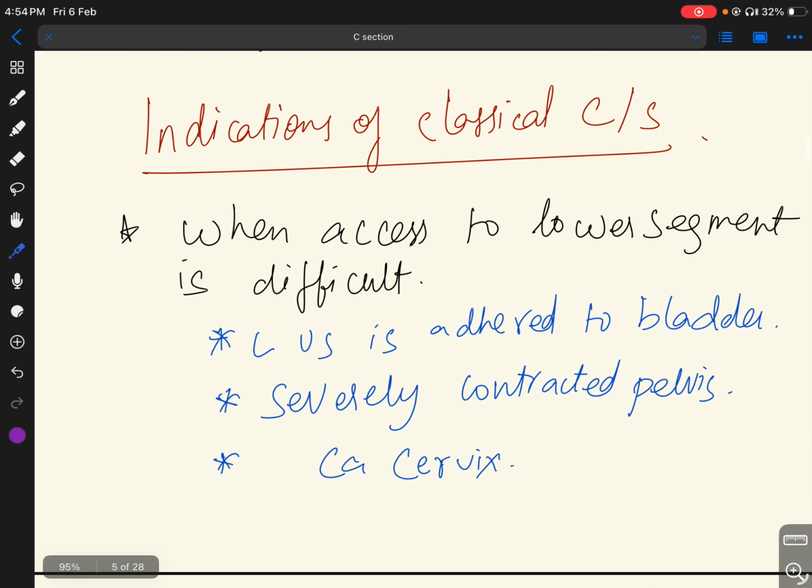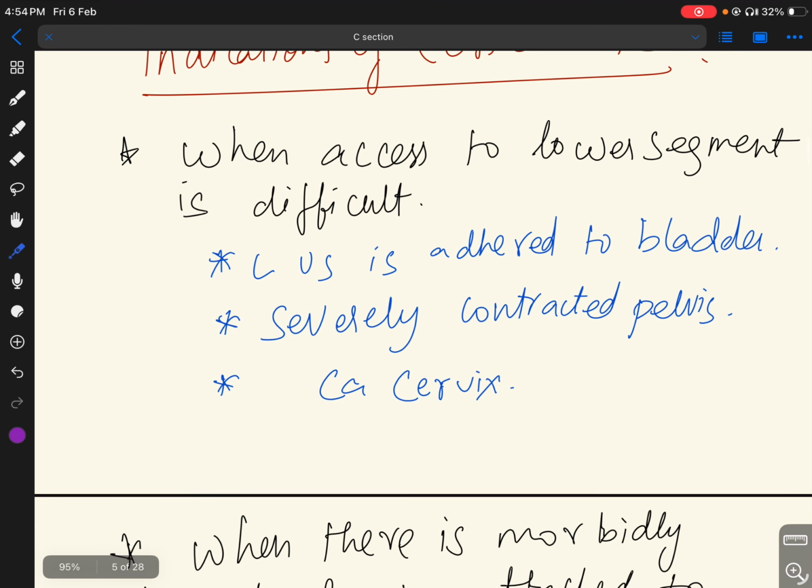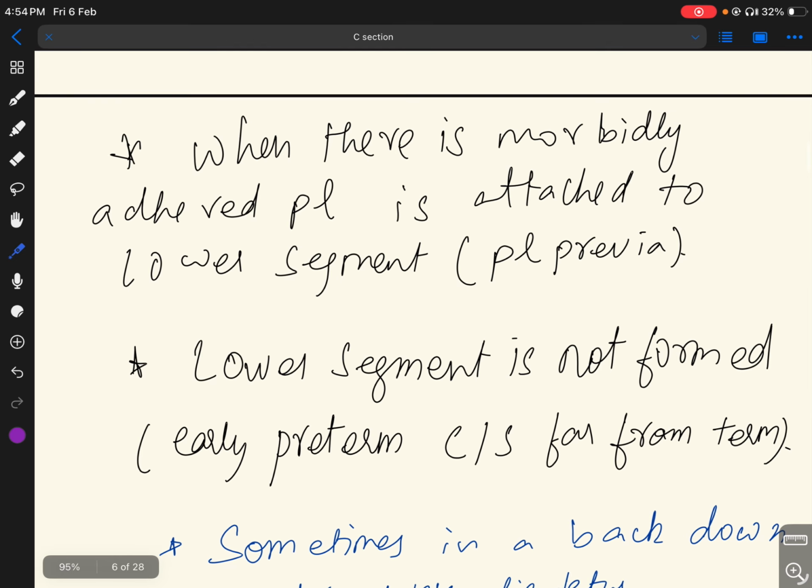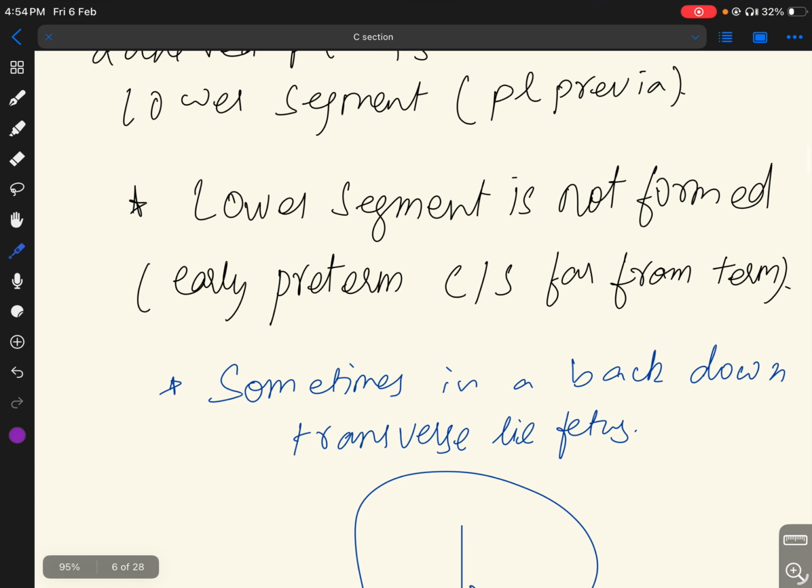What are the indications for classical cesarean section? When access to the lower segment is difficult, that is, lower uterine segment adherent to the bladder, severely contracted pelvis, or in case of carcinoma cervix, or morbidly adherent placenta attached to the lower segment. In case of placenta previa, the lower segment is not formed.